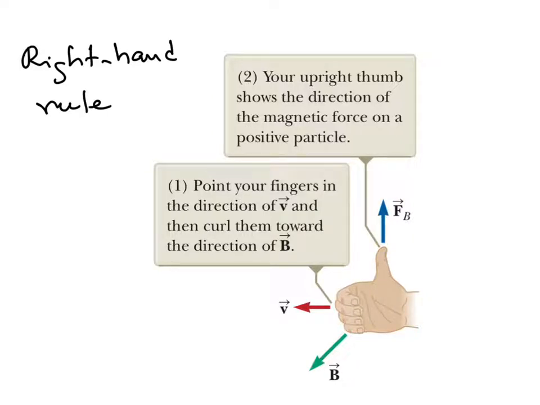As in this figure, if the charge is moving with the velocity vector in this direction, and you point your forefinger in the direction of the velocity vector, and the magnetic field points out from your palm, the right hand rule indicates that the magnetic force will point in the direction of your thumb. So this is the right hand rule.